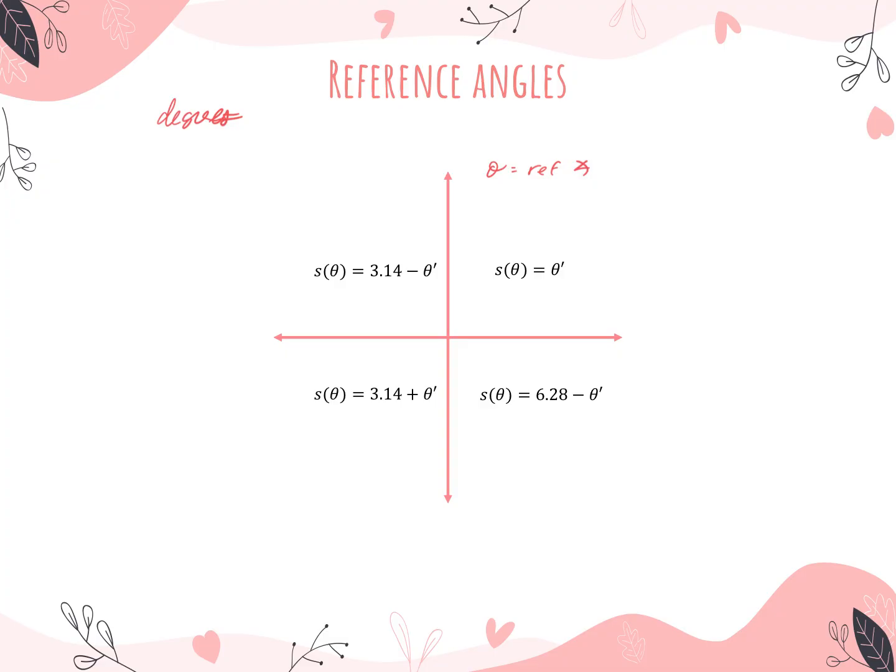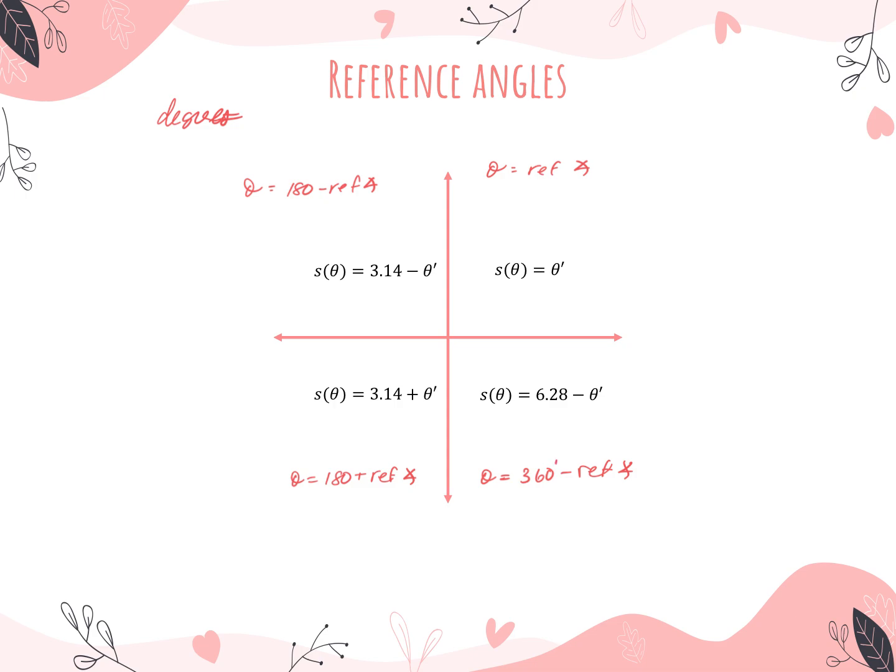In quadrant 2, we said that theta equaled 180 minus the reference angle. In quadrant 3, we said that theta equaled 180 plus the reference angle. And in quadrant 4, we said the angle was 360 minus the reference angle.